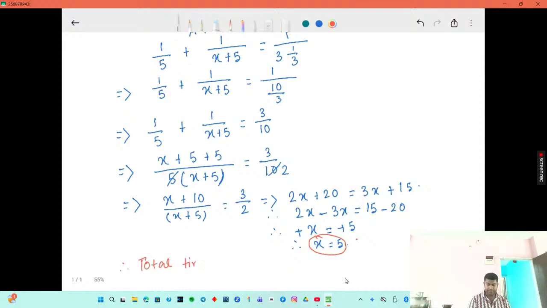So therefore, total time taken by B to complete this work is x plus 5 days, that is 5 plus 5 days, which is equal to 10 days.